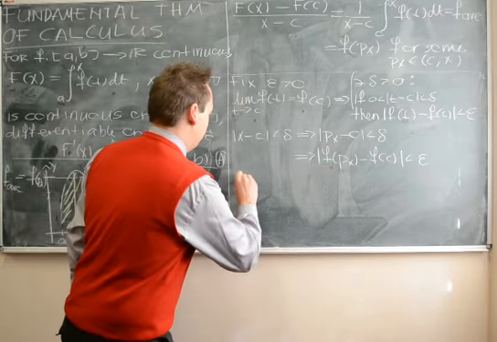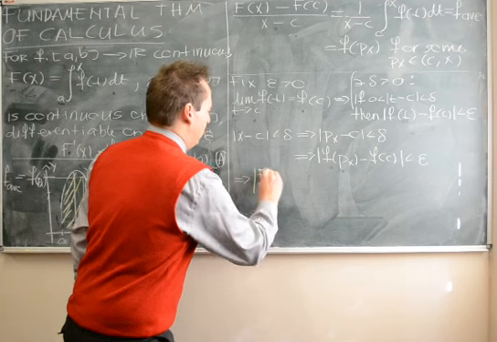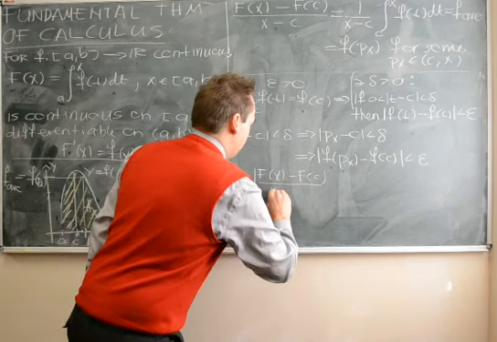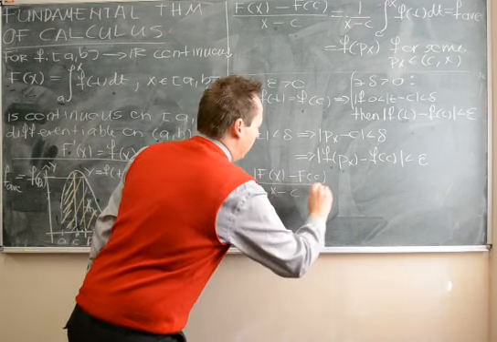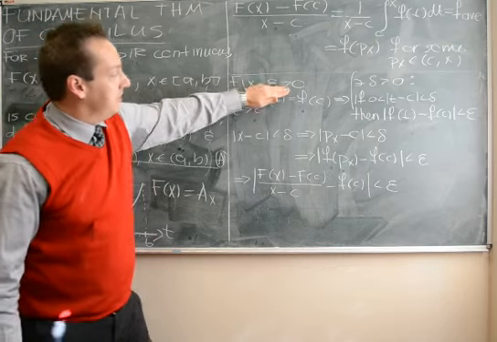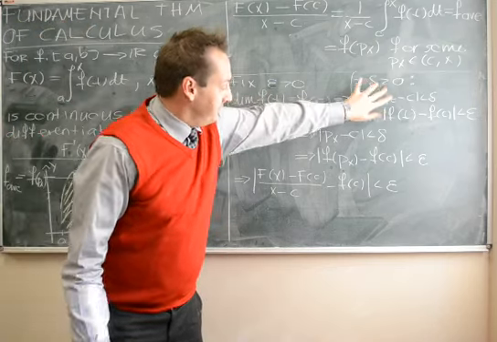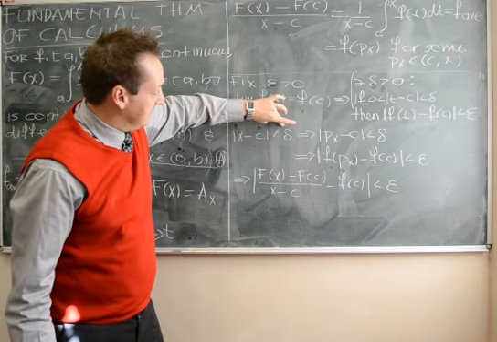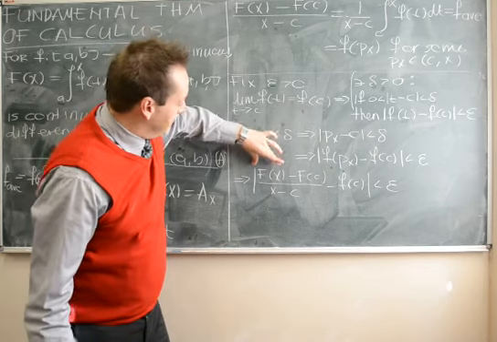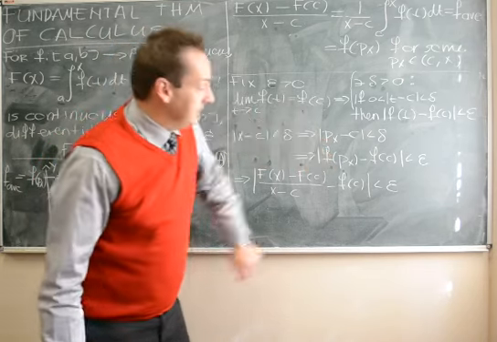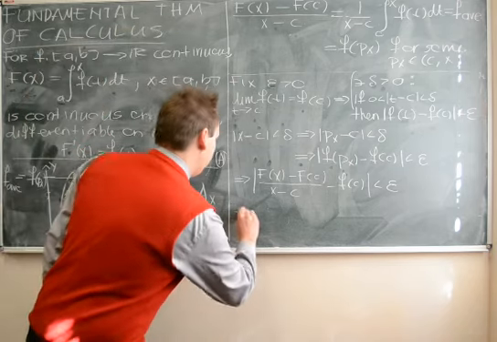So we get the absolute value of big F of x minus big F of c over x minus c, minus small f of c, is less than epsilon. So for every epsilon bigger than 0, there's a delta bigger than 0, so that if the distance between x and c is less than delta, then the distance between this quotient and small f of c is less than epsilon.